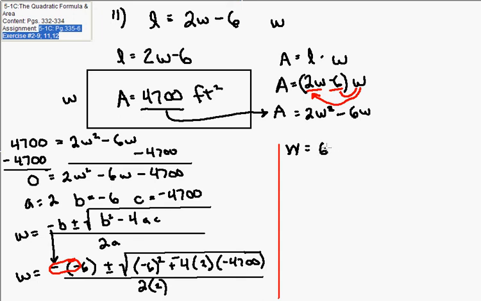So this becomes just 6 plus or minus the square root, and negative 6 times negative 6 is a positive 36. Here we have negative 4 times 2 is a negative 8. And we have negative 4,700. And that's 2 times 2 is 4.